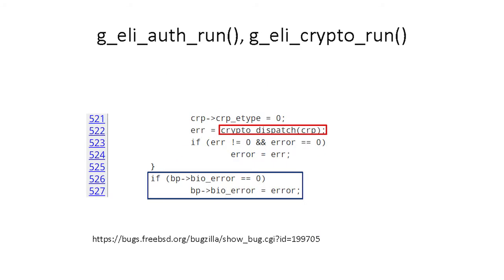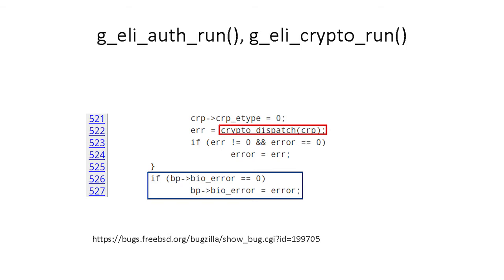And another is a tricky bug in the GELI module. This is the encryption module. There are two functions. One is g_eli_auth_run, and another is g_eli_crypto_run.